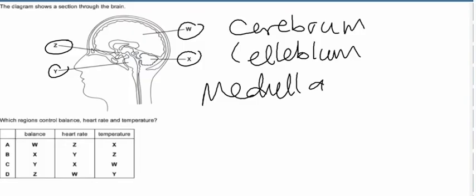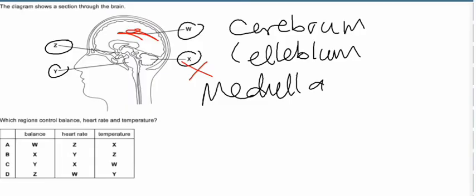So the function for this cerebrum here, it is the center for reasoning or for thinking. Then part X, which is called cerebellum, it is the part for coordination or balance. That's the function.